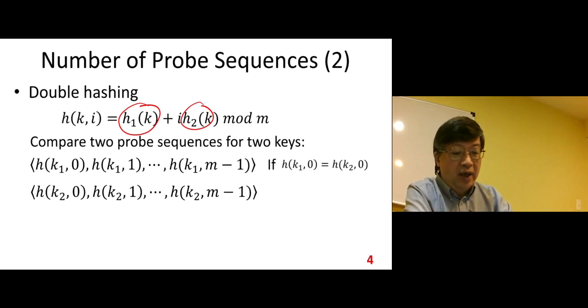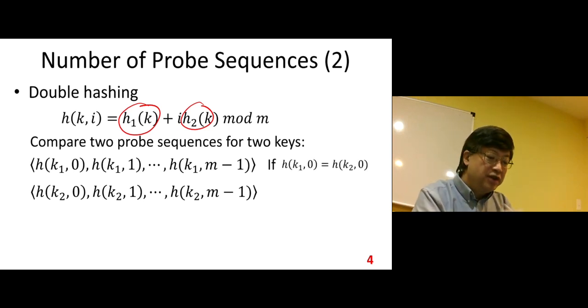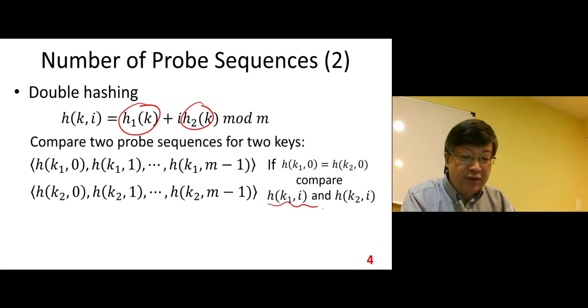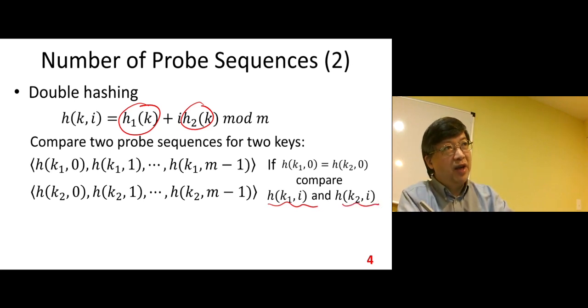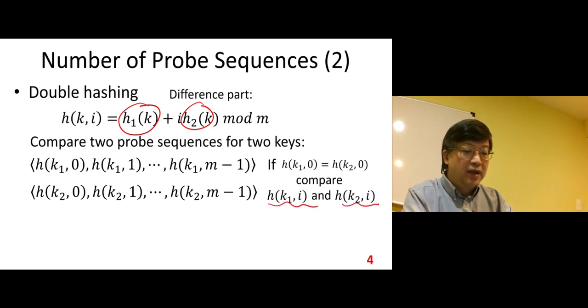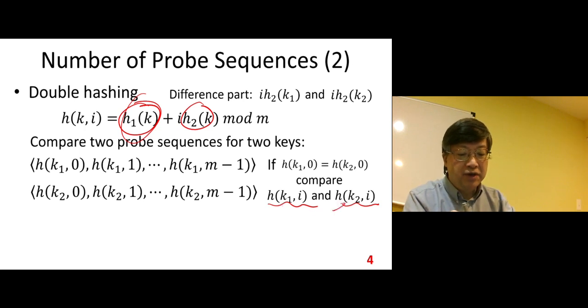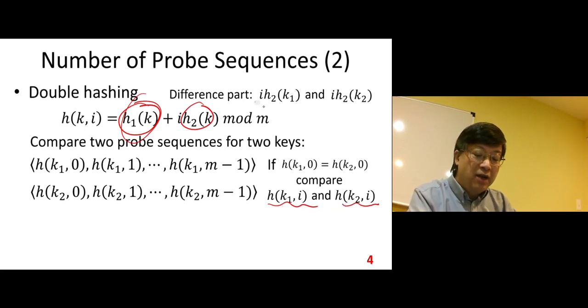If the first number in the two sequences is the same, can we get the same thing as the previous one? Let us compare these two function values. Are they the same? Because the first terms of the two sequences are the same, now let's compare the second term.